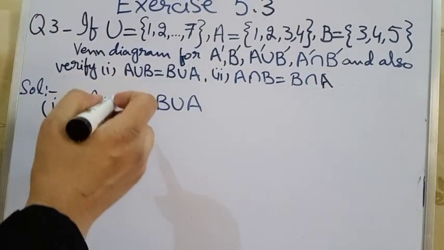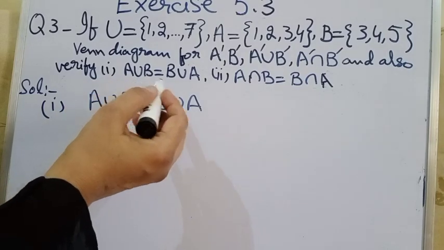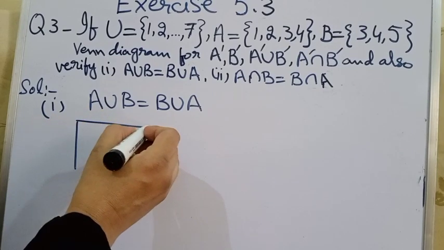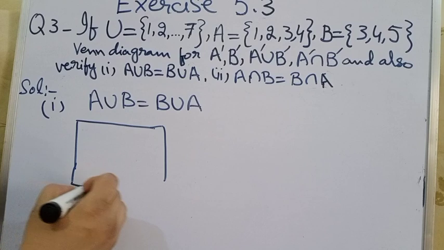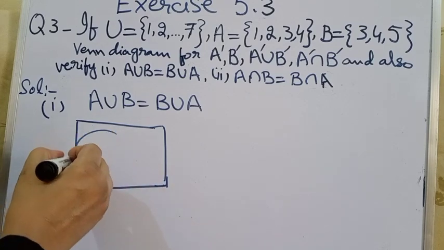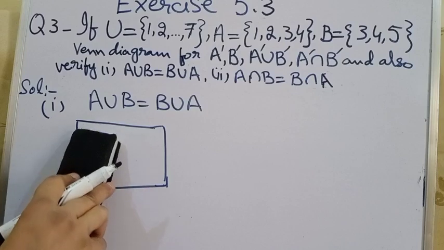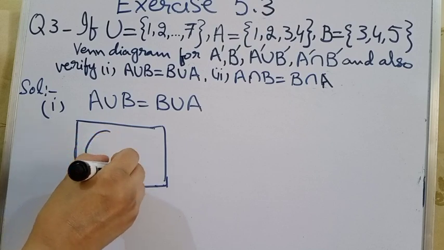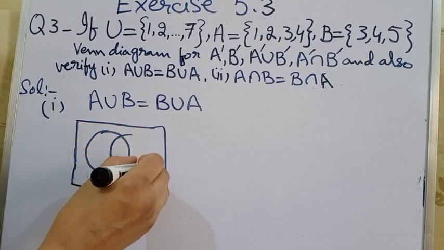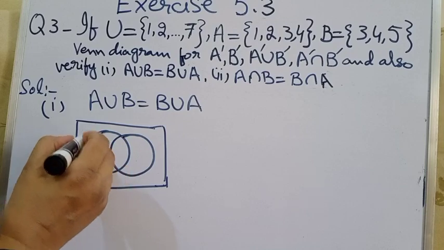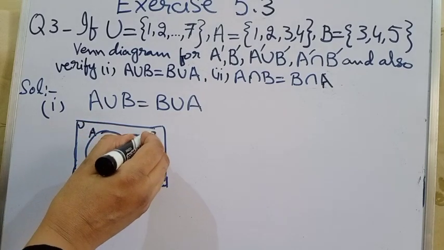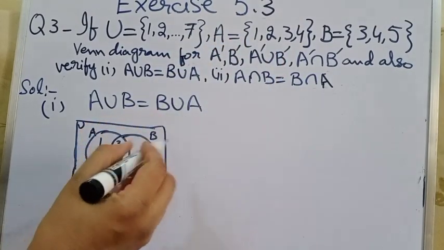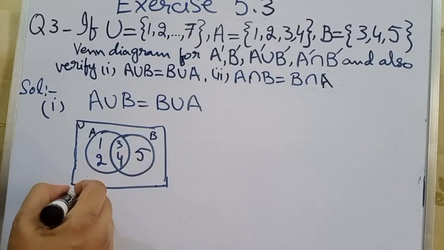Next we have to show the commutative property of union, A union B is equal to B union A. We show this commutative property with the help of a Venn diagram. Set A has elements 1, 2, 3, 4, and set B has elements 3, 4 and 5.